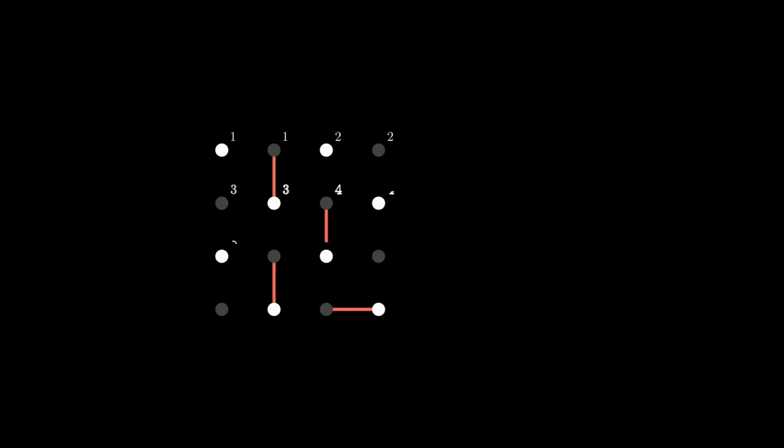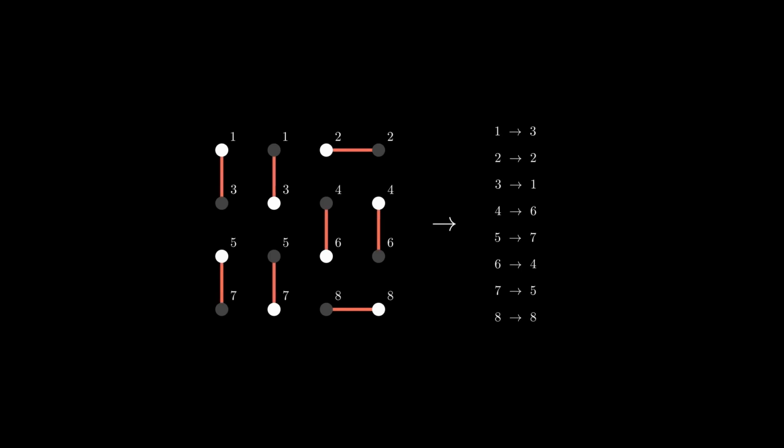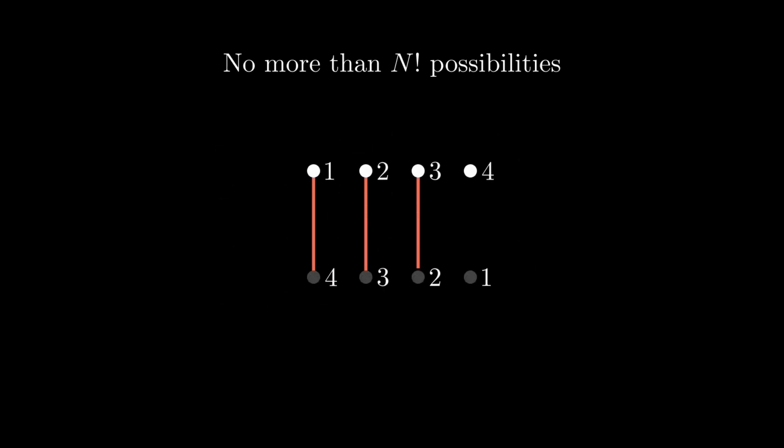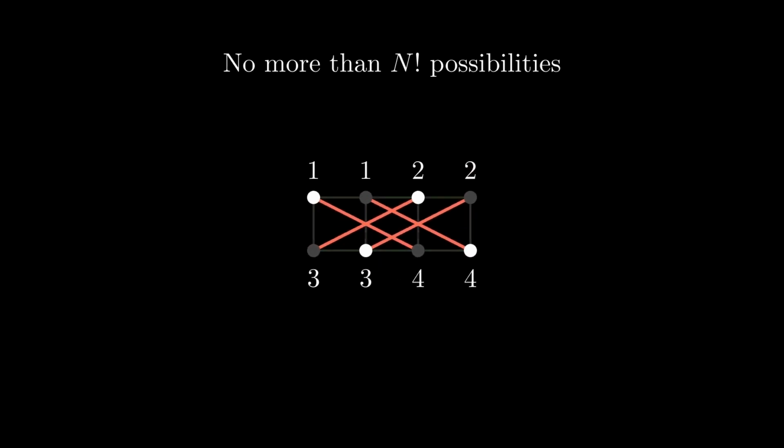Also, with the labeling fixed, every perfect matching corresponds to a unique permutation, so the number of perfect matchings is at most capital N factorial, which is not a great upper bound, but maybe a start. There are clearly permutations which do not correspond to a perfect matching, since we haven't yet accounted for the fact that the black and white vertices in a match have to be neighbors, so we should be able to improve that upper bound and will in fact even arrive at an exact result.